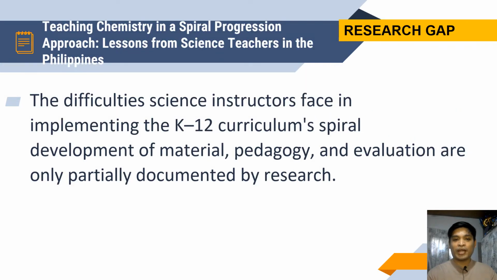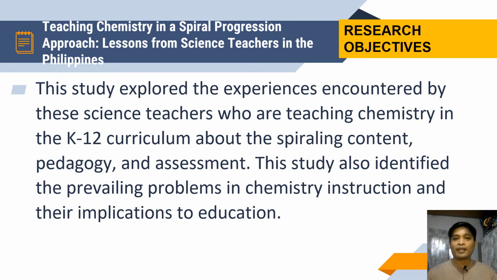The research gap. The difficulties science instructors face in implementing the K-12 curriculum's spiral development of material, pedagogy, and evaluation are only partially documented by research. This study explored the experiences encountered by these science teachers who are teaching chemistry in the K-12 curriculum about the spiraling content, pedagogy, and assessment.